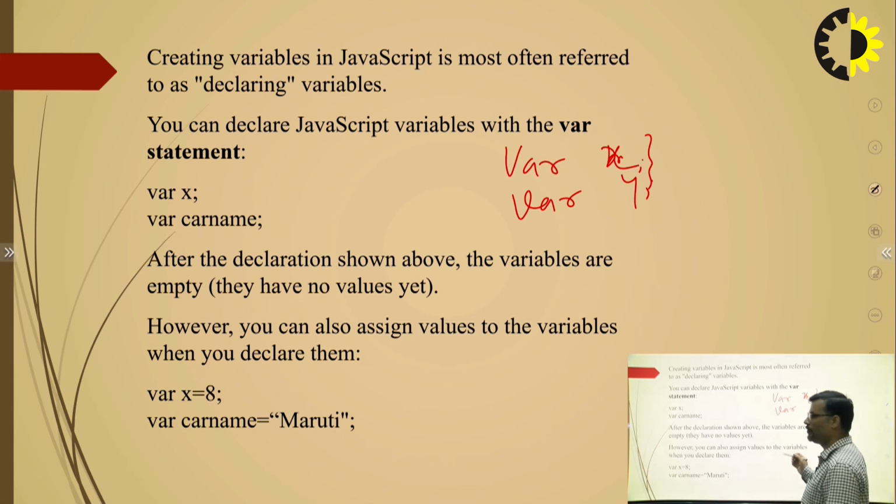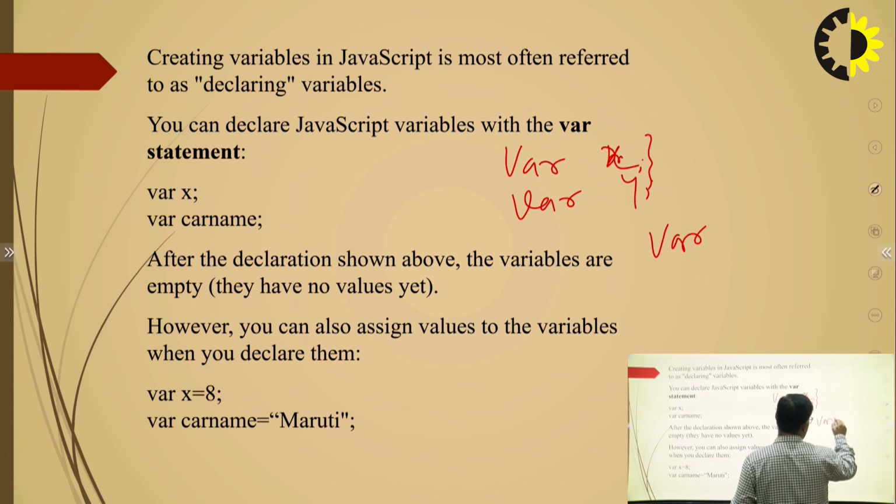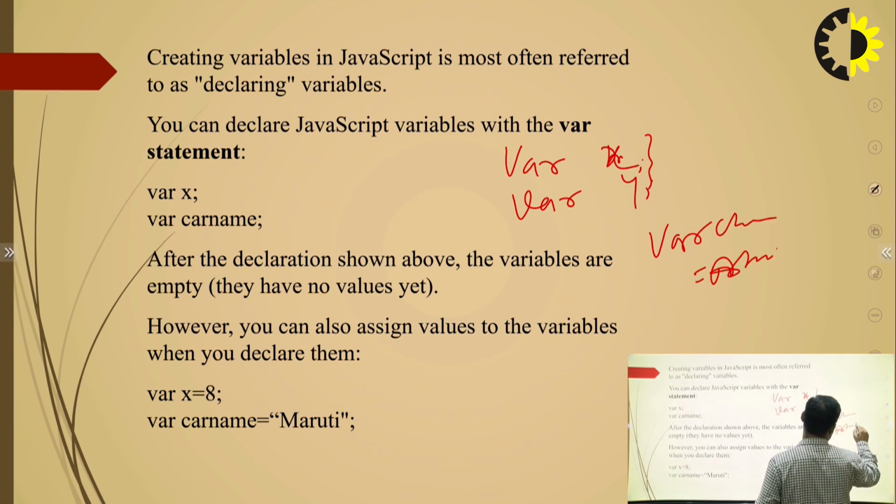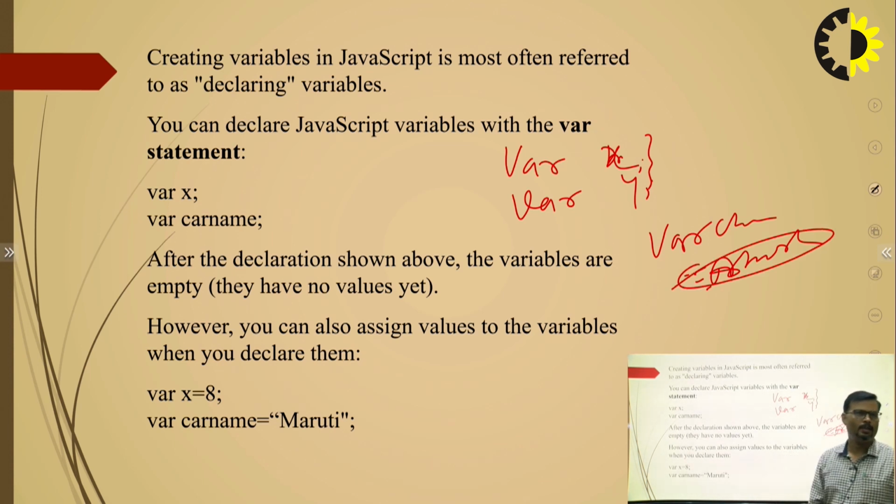Maybe if you want to use another, then we will also use another name, var carname. So statement var x, then var carname. Here is one example.